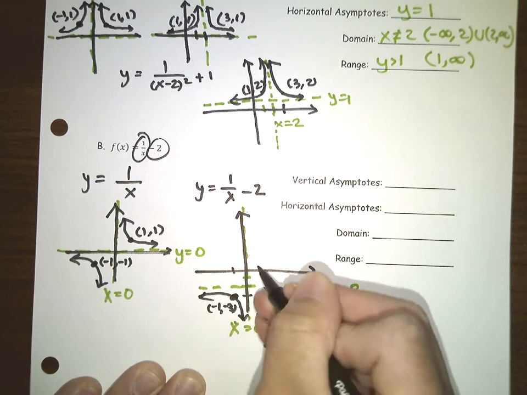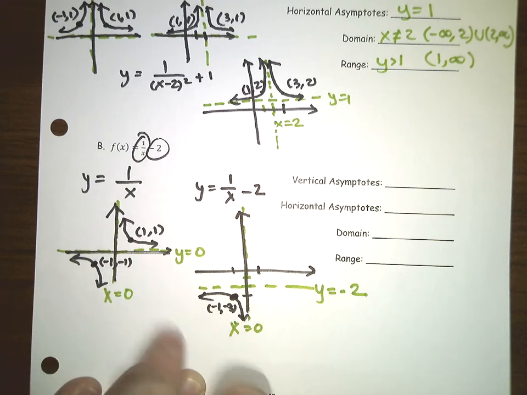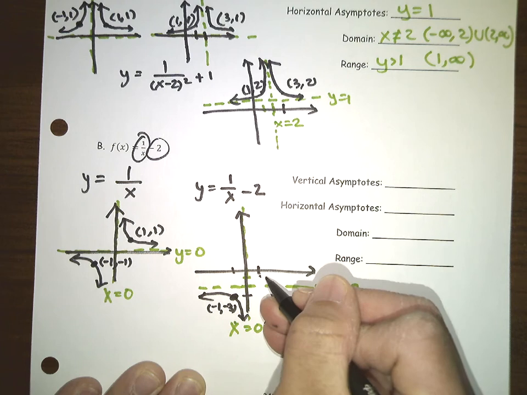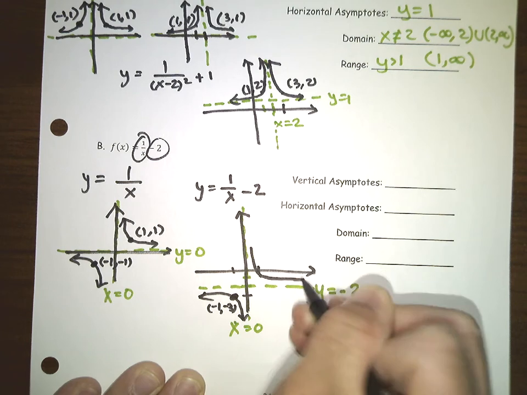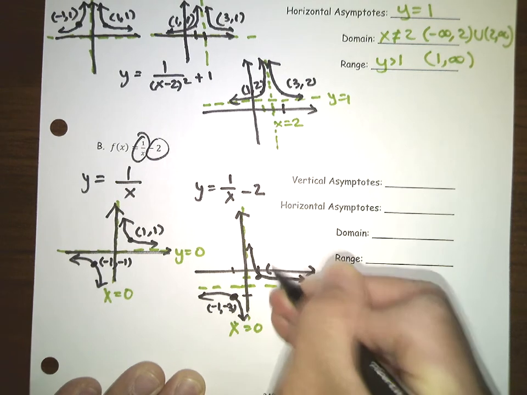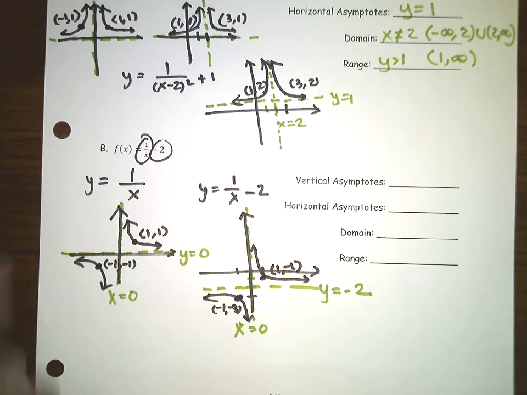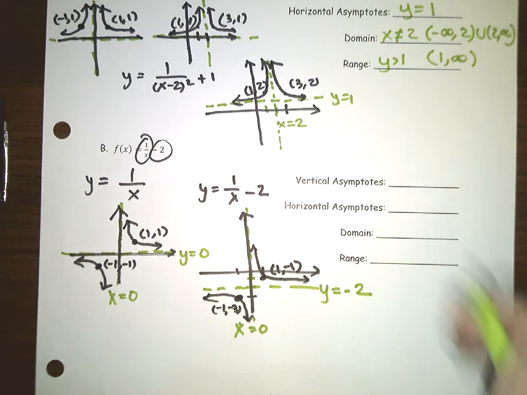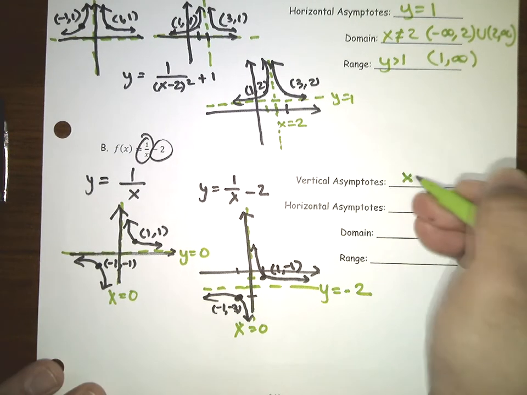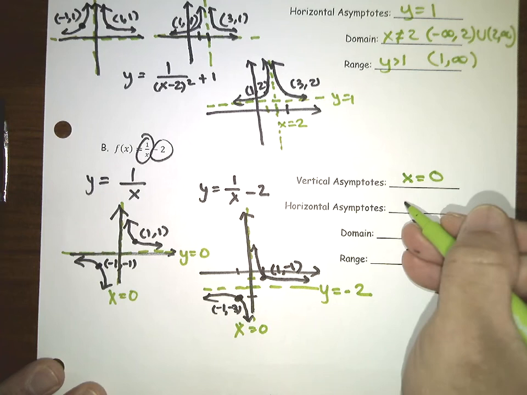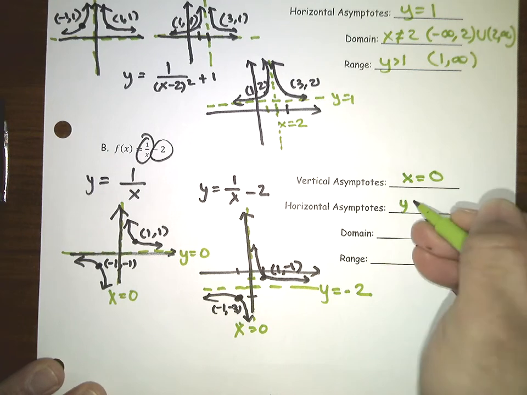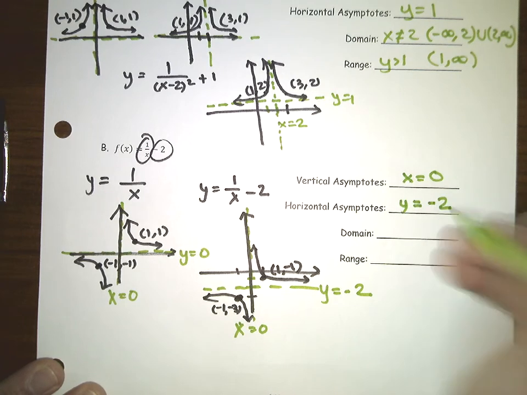And this point here, (1, 1), gets shifted down to be at (1, -1). So now I can write down my vertical asymptote, x equals 0. Horizontal asymptote is y equals -2.